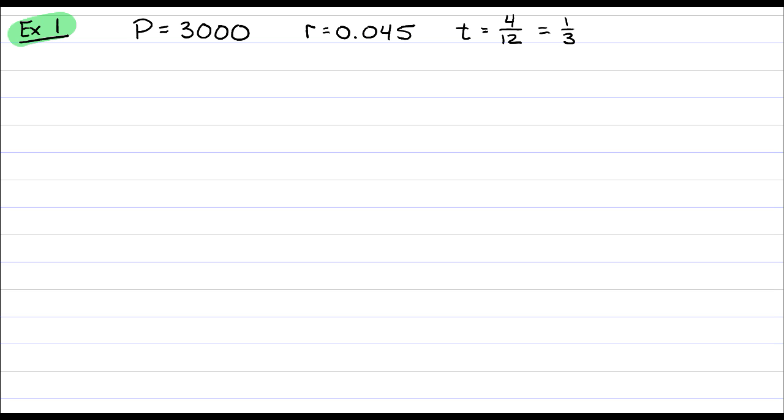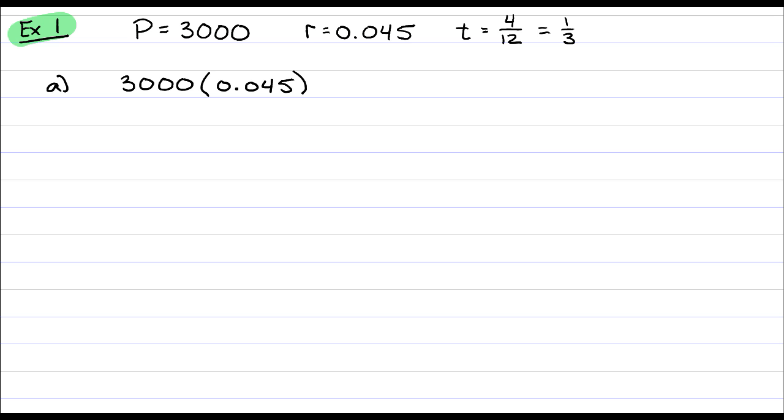Okay? So in part A, we want to know how much interest was charged over the course of the 4 months. So that is, we take the principal amount and multiply by the interest rate. Then if we left it right there, this would tell us how much interest would be charged over the course of 1 year.